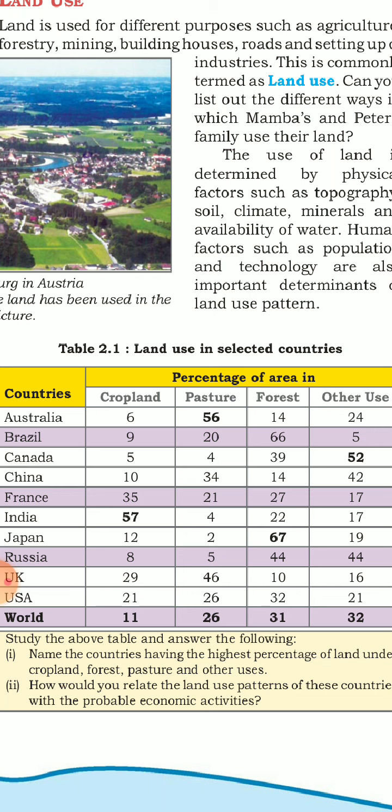USA: cropland 21, pasture 26, forest 32, other use 21. And the percentage of area in the world as a whole: cropland 11, pasture 26, forest 31 and other use 32. So, students, you can just see the data in the table.